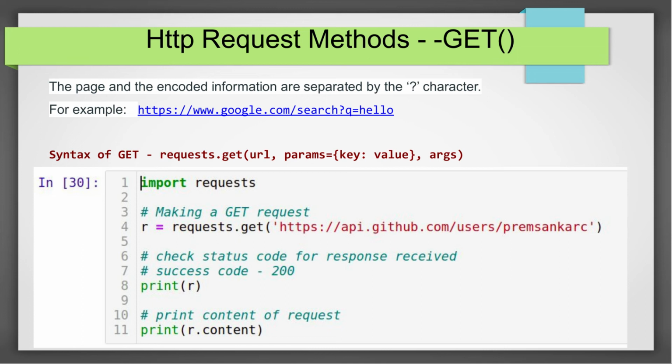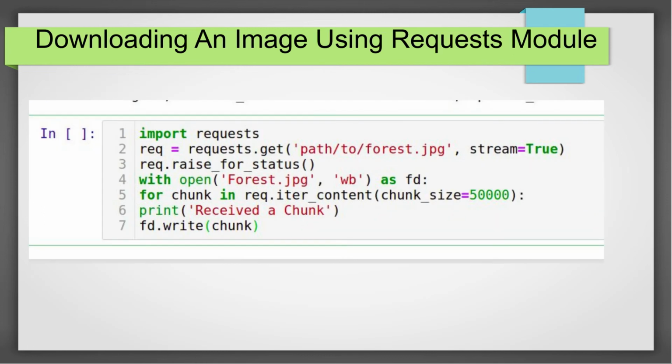Python's requests module provides an inbuilt method called get for making a GET request to a specified URL. Let's demonstrate how to make a GET request to an endpoint. The GET method is used to retrieve information from the given server using a given URL. The GET method sends the encoded user information appended to the page request. The page and the encoded information are separated by the ? character. Please see the example code given in the slide.